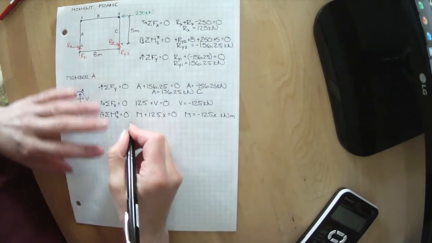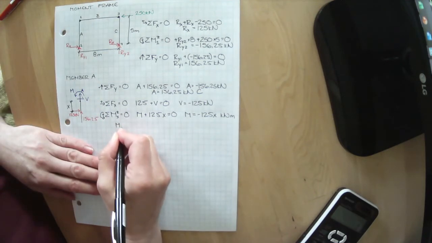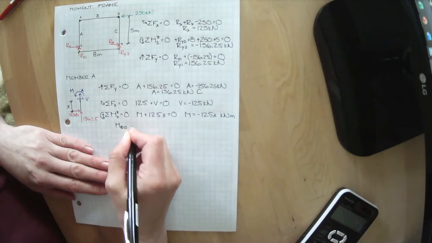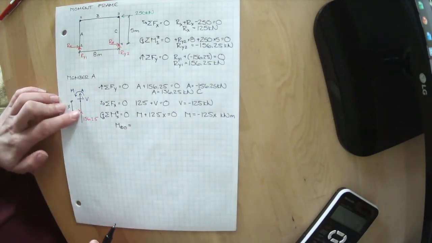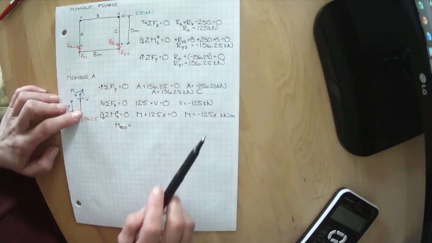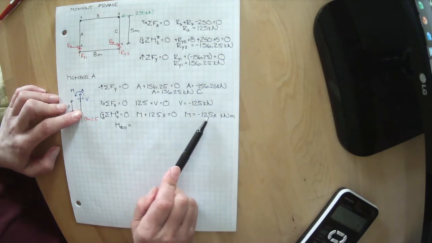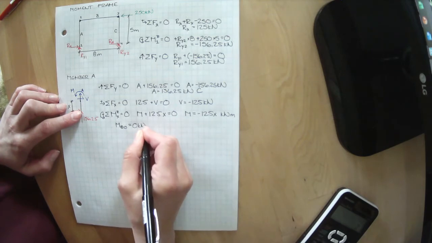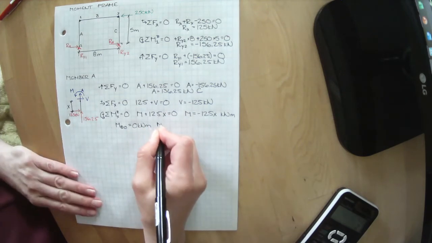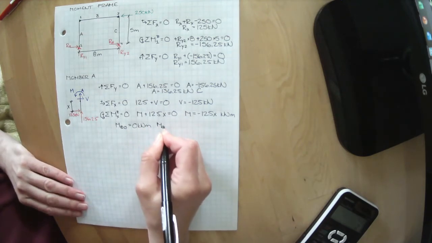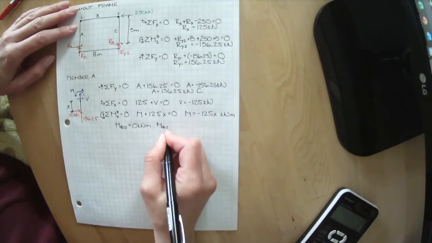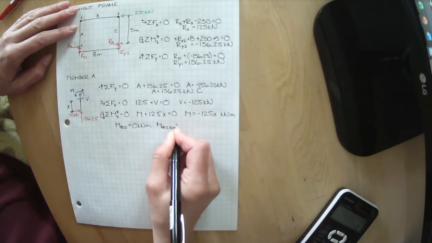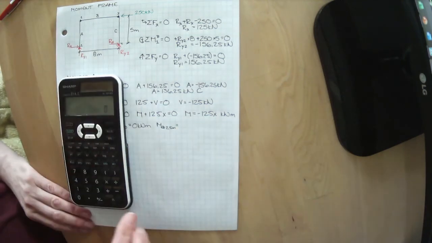What is the moment at x equals 0? Well, if we made our cut just right here, M equals minus 125 times 0, or 0. What if we made our cut at, this is 5 meters high, at 2.5 meters? Well, let's see.